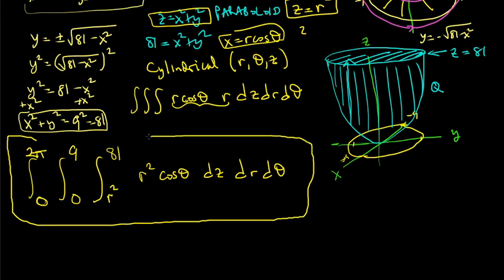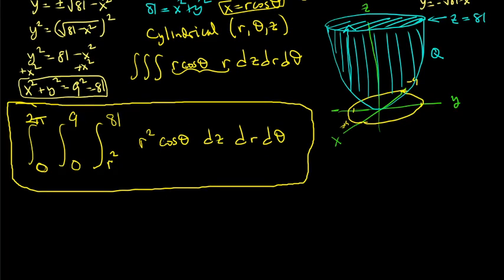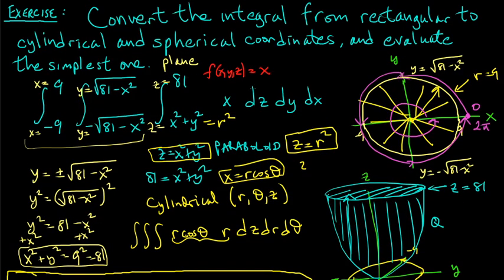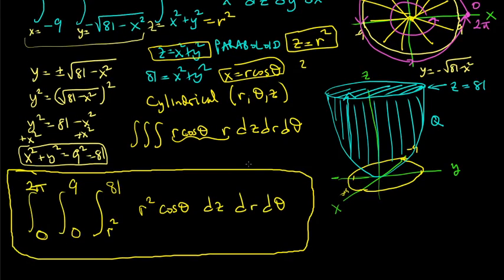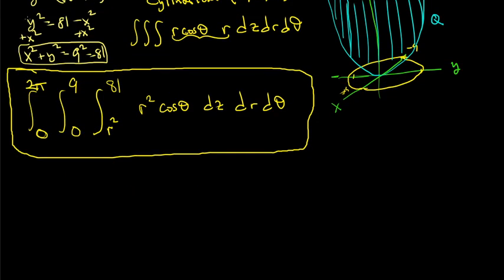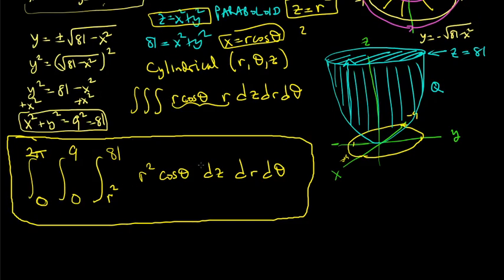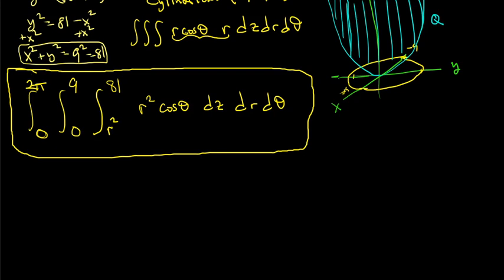Okay, so those are the limits for cylindrical coordinates. I think this would probably be very, very easy to evaluate. I was just wondering if we should do the spherical coordinates first and then see which one we should evaluate. Well, let's go ahead and evaluate this. Of the three versions, rectangular, cylindrical, or spherical, I think the cylindrical is probably the easiest.